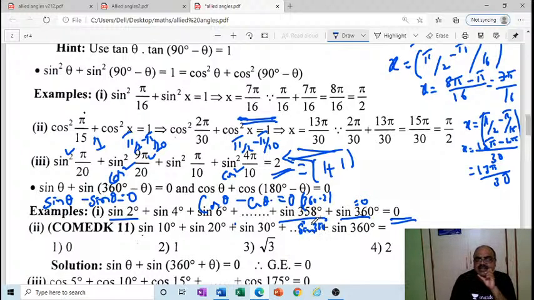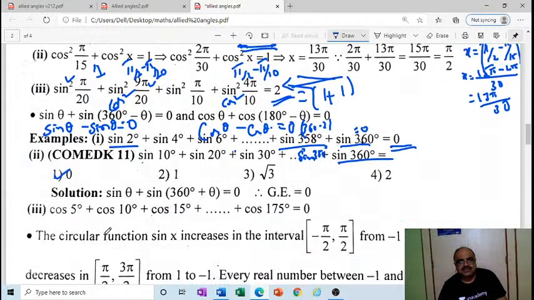Sin 10 plus sin 350, sin 20 plus sin 340, sin 30 plus sin 330. If you go like this, sin theta plus sin of 360 minus theta, the answer will be 0. Rest all becomes 0, and sin 360 is also 0. So the whole answer is 0.